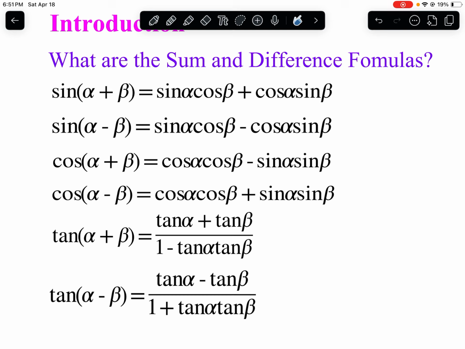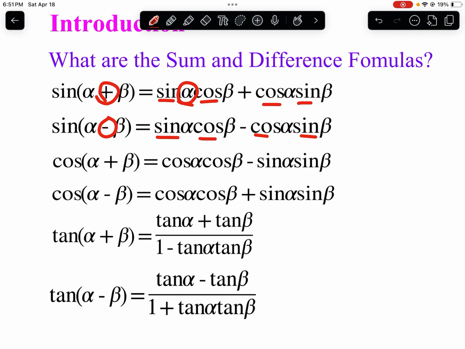If we write each one separately, there would be six of them, just because there's a difference if you're adding two angles together or subtracting. The nice part is that sine of the addition of two angles and sine of the subtraction of two angles follow the same pattern: sine, cosine, cosine, sine.